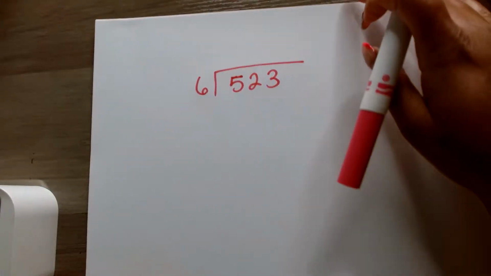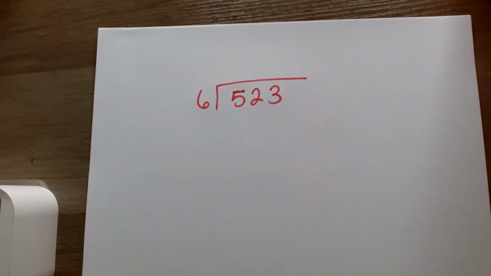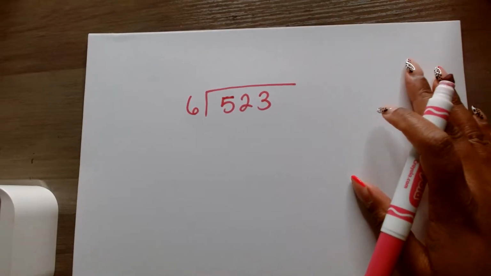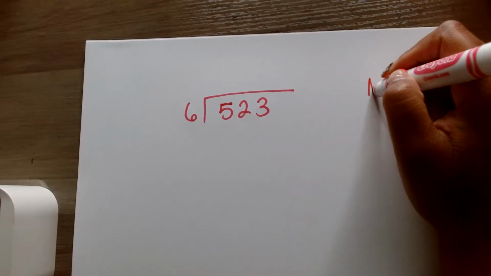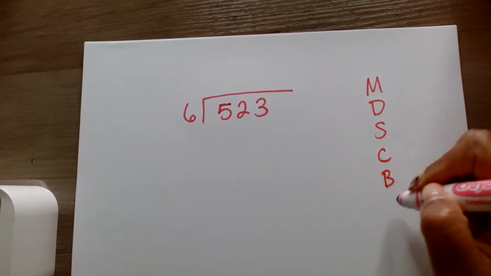Okay. So I like this acronym to help me. McDonald's doesn't sell cheeseburgers raw. I like this acronym because it helps me keep pace of my steps and it makes sure that we don't miss anything. So I'm just going to write those letters off to the side. McDonald's doesn't serve cheeseburgers raw.